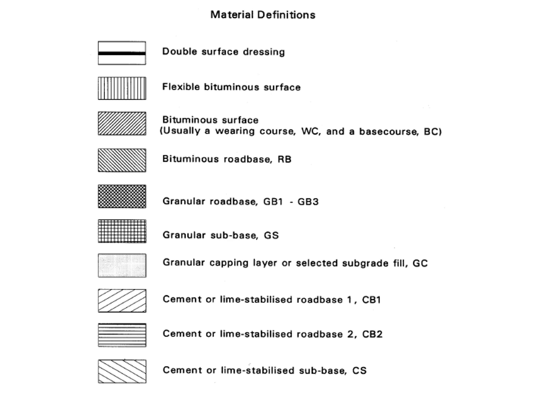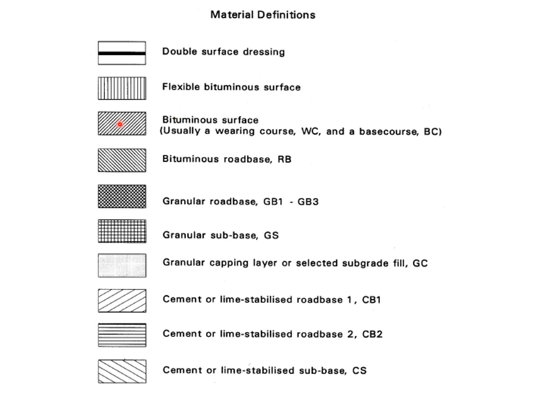So in this particular slide you can see the material definitions or the different legends for the different materials, and here you can see a bold black line which is being used for the double surface dressing. This symbol is for flexible bituminous surface. That means asphalt concrete, one layer, has been used.